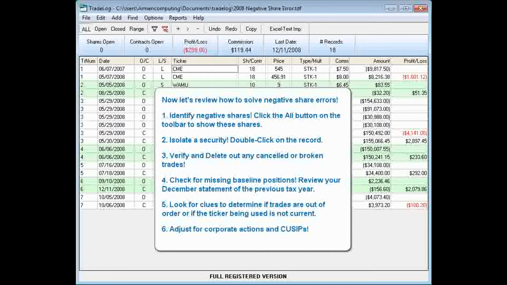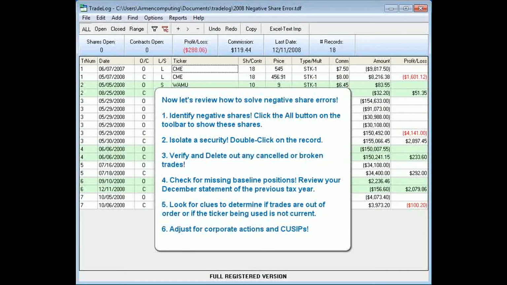Now let's review how to solve negative share errors. 1. Identify negative shares. Click the All button on the toolbar to show these shares. 2. Isolate a security. Double-click on that record. 3. Verify and delete out any canceled or broken trades. 4.